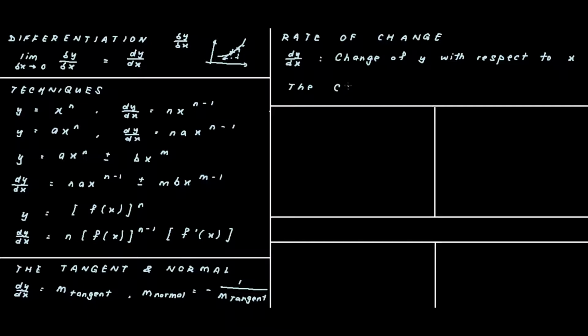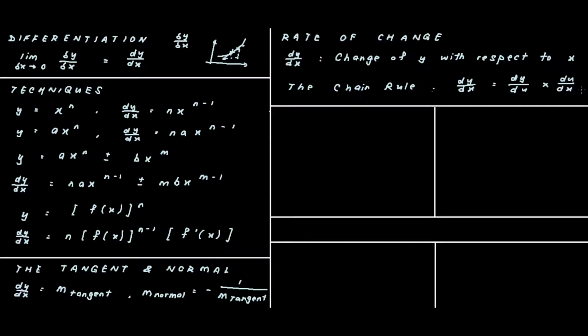I'm just going to write it in a general form, but you can understand what I mean. For example, if I have dy dx and I have another variable u, then I can always put it in a way that dy du multiplied with du dx. Okay, so that's the part for rate of change.